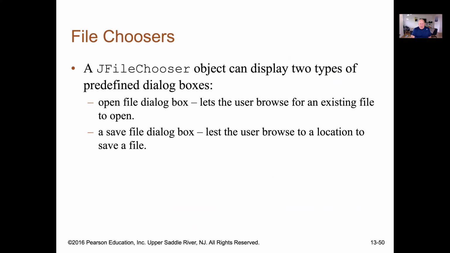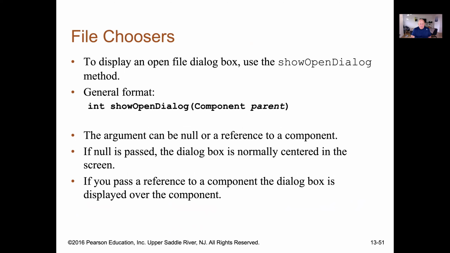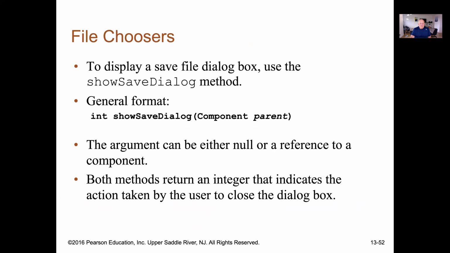It can display two types of predefined dialog boxes, an open file dialog box and a save file dialog box. This is how you display an open file dialog box. This is how you display a save file dialog box using the showSaveDialog method.